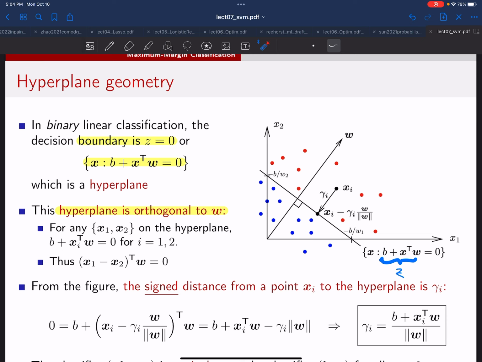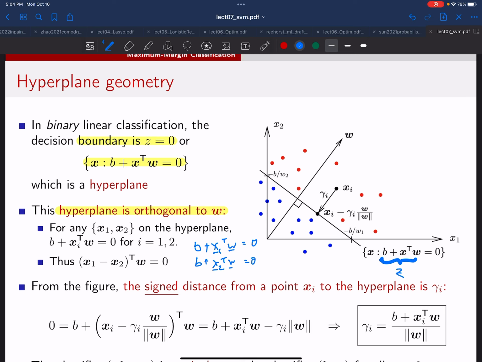Notice that for any 2 points on the hyperplane, whichever 2 points I choose, I'll call one x1 and the other x2. We know that this equation is solved for both points. So I have a system of 2 equations: b plus x1 transpose w equals 0, and b plus x2 transpose w equals 0.